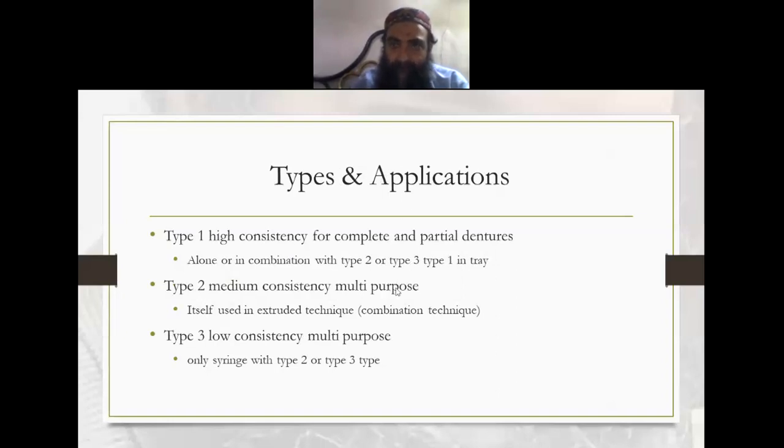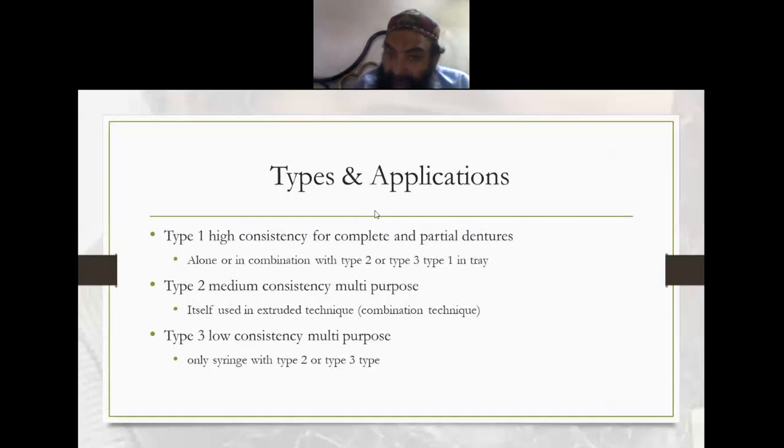Now, types and applications. As previously explained, type 1 is of high consistency and used for complete and partial dentures, alone or in combination with type 2 or type 3.